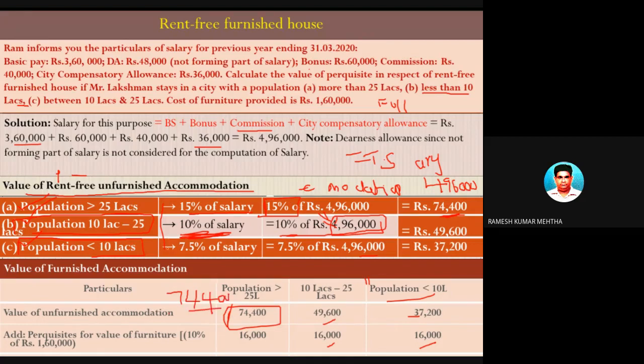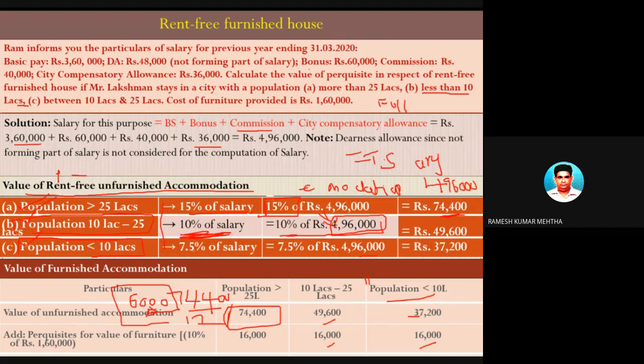Divided by 12, you will get around 6,000 rupees. This is roughly around 6,000 rupees per month, the rent which he is supposed to pay but is not paying, because this is rent-free accommodation. So the employee is getting a benefit of almost 6,000 rupees per month; he does not need to pay this rent.